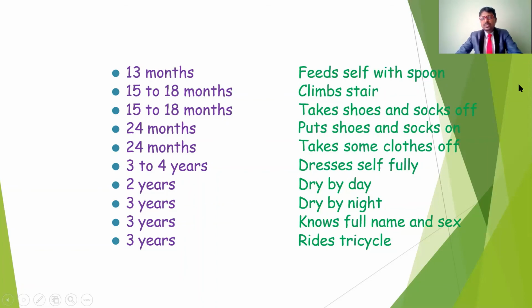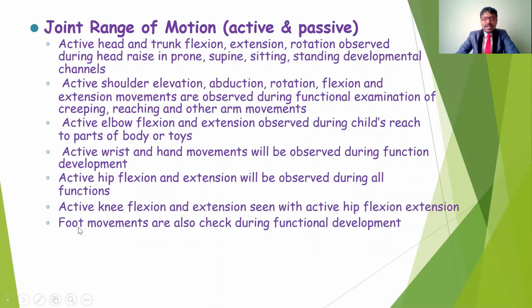At 12th month, puts the shoes and socks on, and also takes some clothes off. 3 to 4 years, dresses self fully. 2 years, the baby is dry by day, and also dry by night. At 3 years, knows full name, whether male or female, and also rides a bicycle or tricycle. So these are the normal developments.